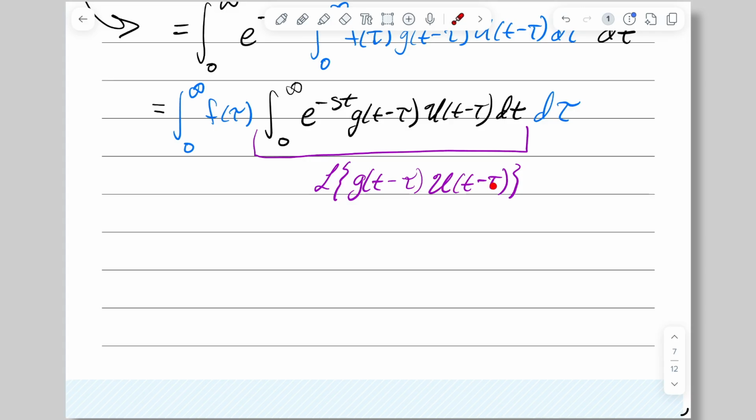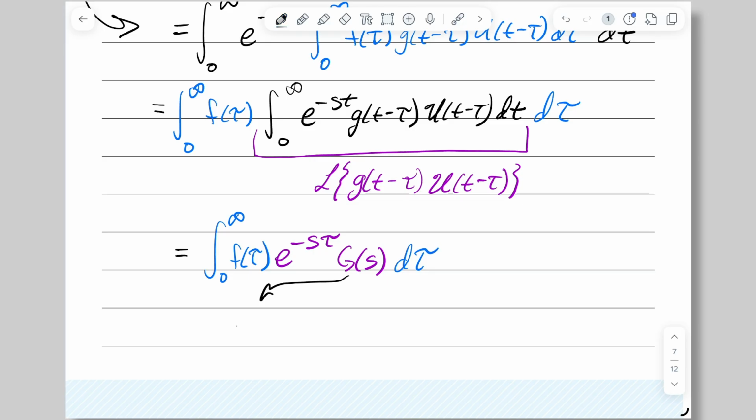The transform of u of t minus tau is going to be e to the negative s tau. The transform of g of t minus tau is G of s, because those arguments matched. Now that's still inside what I've written as the blue convolution integral from 0 to infinity of f of tau d tau.